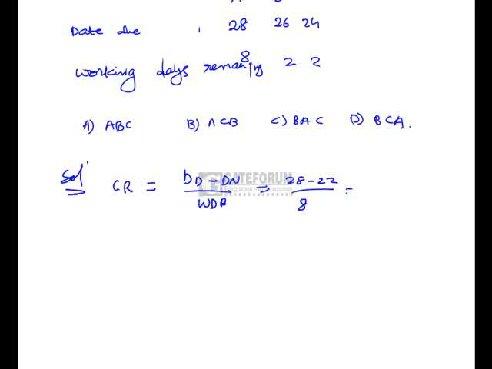So from this you have 0.75, and for B, the critical ratio is equal to 2, and for C, critical ratio is 1.0. So the order is A, C, B. So by using critical ratio, the best sequence is A, C, B, and in the options, the right option is B. B is the right answer.